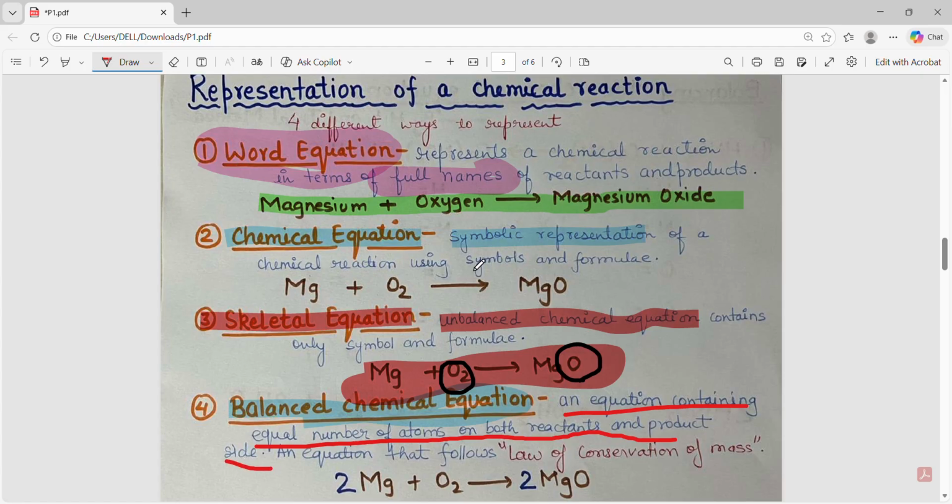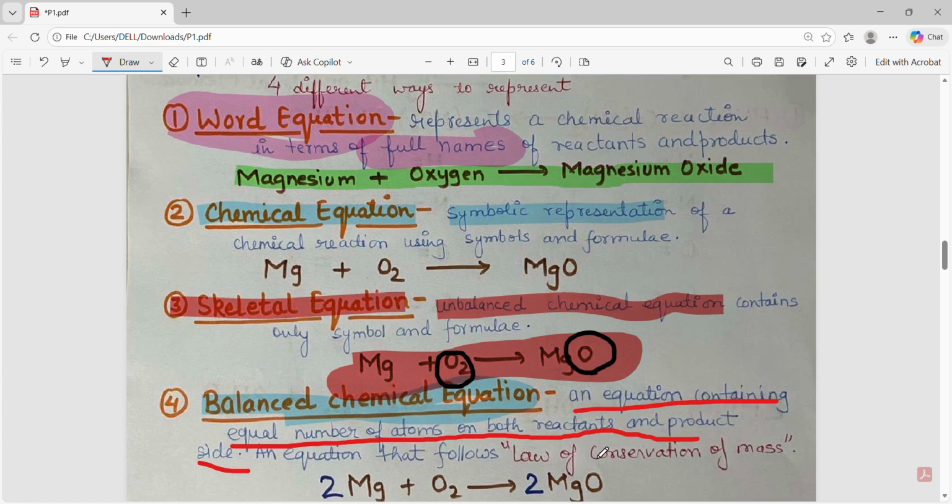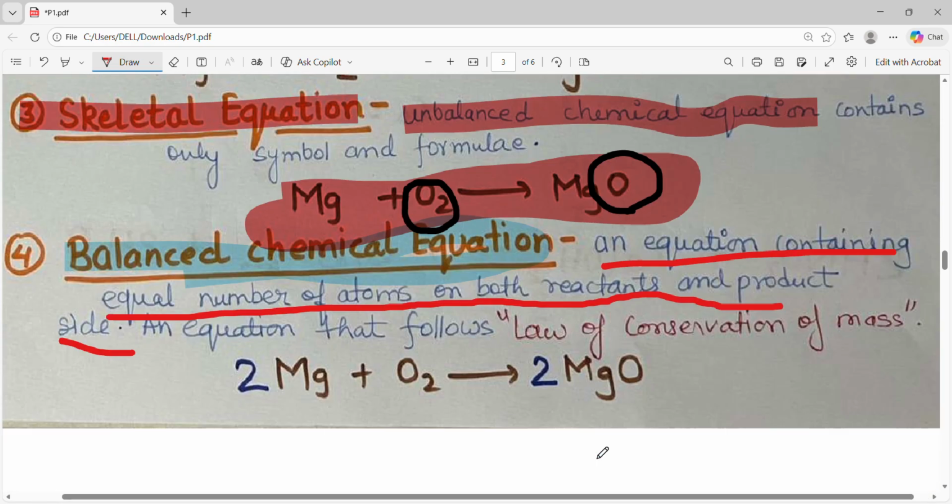Okay, so let me just focus on how you are going to balance it. See the reaction which we are having earlier, Mg plus O2 gives out MgO. So if you are going to put 2 in front of Mg and 2 in front of MgO, this side also 2Mg, 2O, and this side also 2Mg and 2O.